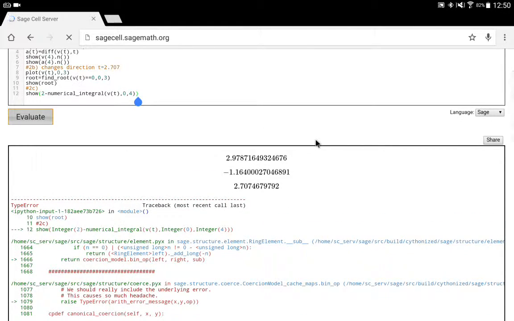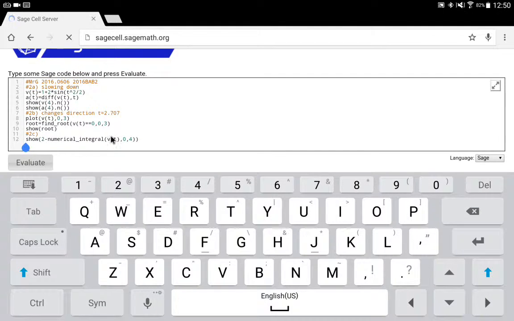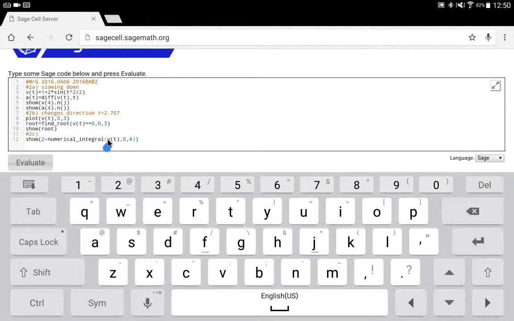I did something weird here. Show 2 minus the numerical integral of v of t from 0 to 4. What am I forgetting? I'm forgetting something silly.